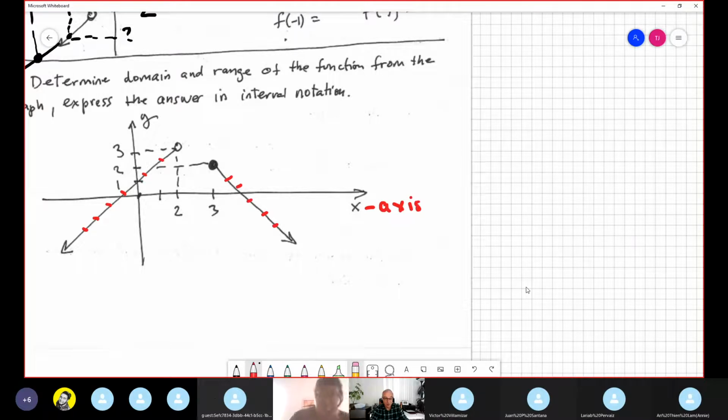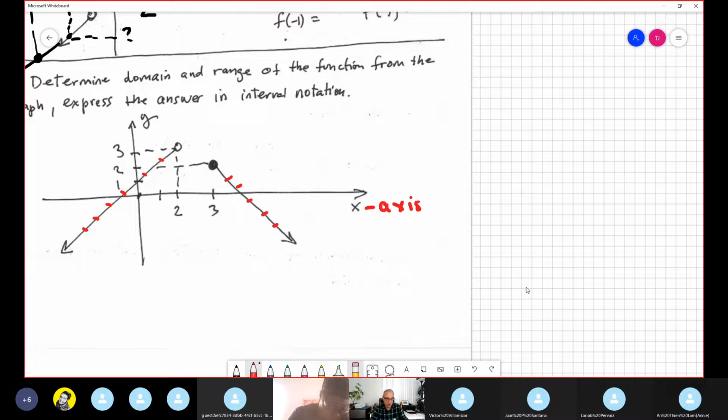Because one more time, I repeat, domain is the x values in which the function is defined. So if it's undefined, it's completely out of the domain. But I can see some problem in 2, because in 2 I saw a hole, and in between 2 and 3 I saw a gap.